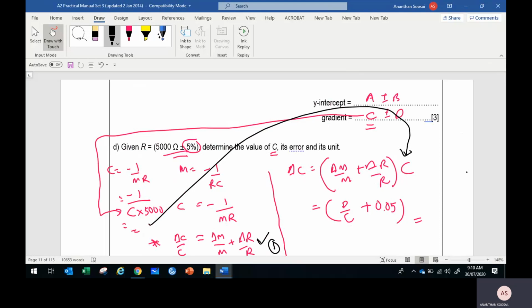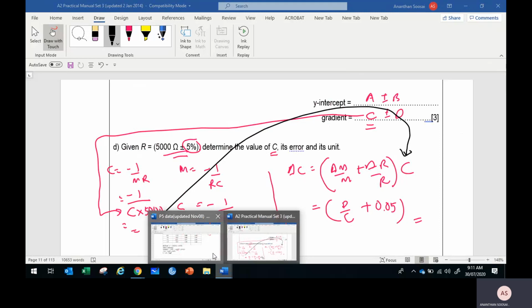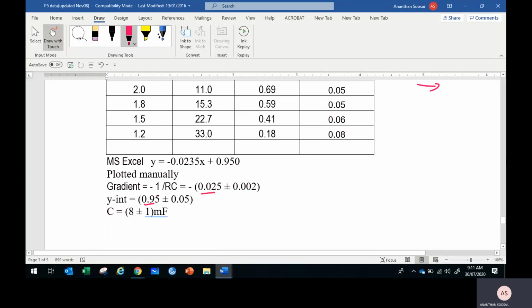So do you get 1 SF from the answer? 3 SF. You get from the graph how much? 2 SF. How much do you get? 0.955, so 3 SF. What is the value they give? 0.9. Yeah, okay, correct.